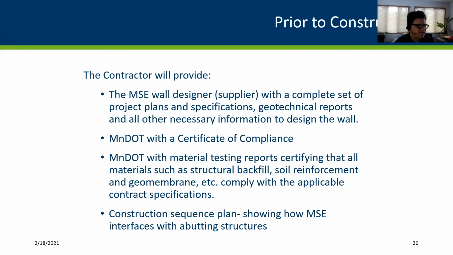They should have certificate of compliance for the materials of the wall and the test reports that certify that compliance is real. So those should be something that the contractor gives at that time or before that time, so that we know the material we're going to receive is what we want in the wall.